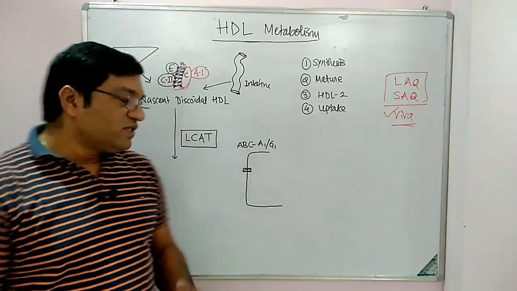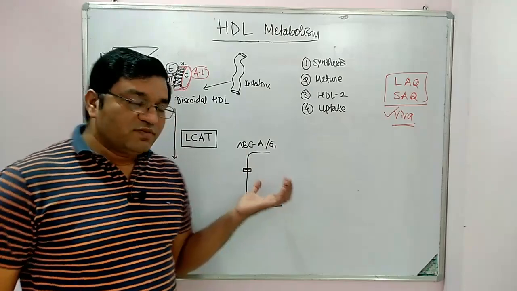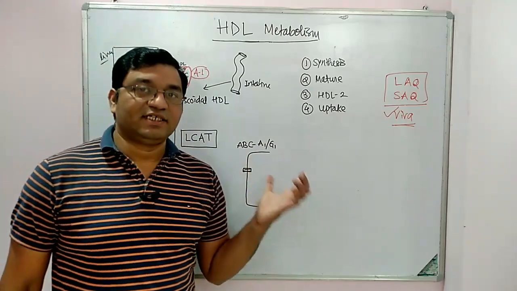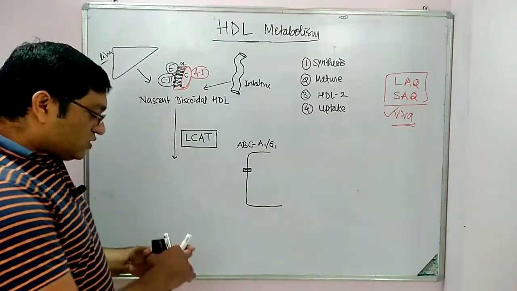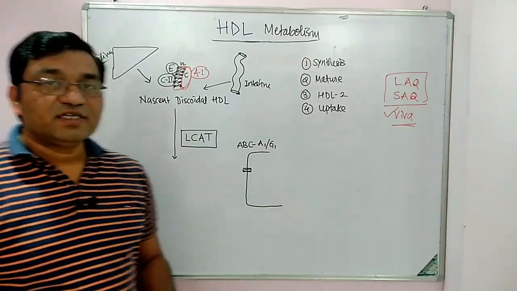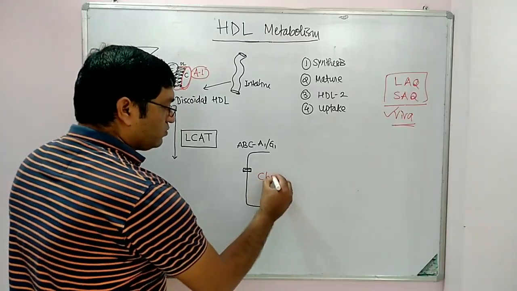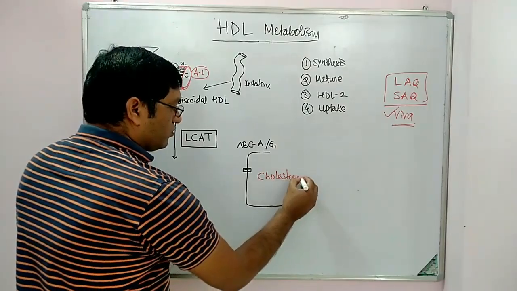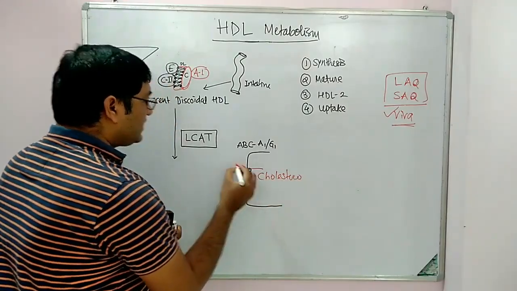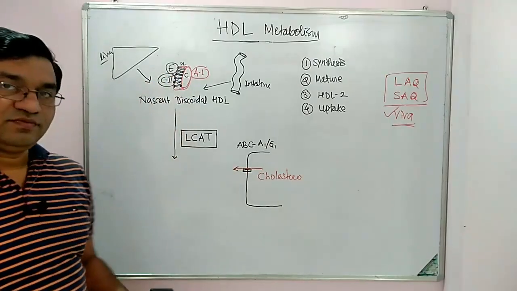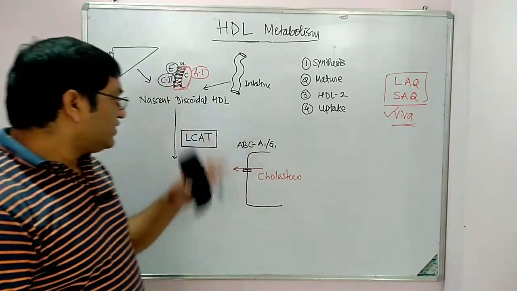With the help of these ABC transporters, cholesterol from the tissues and various lipoproteins is taken up by the HDL.